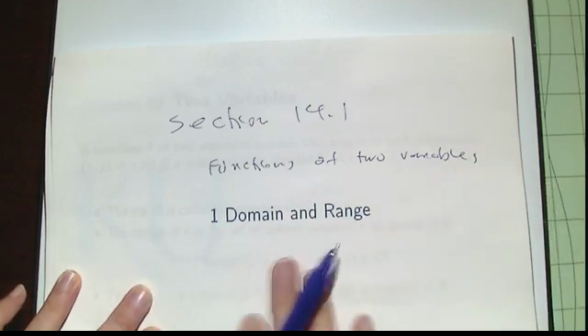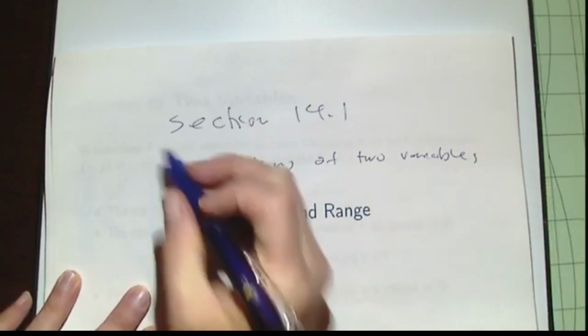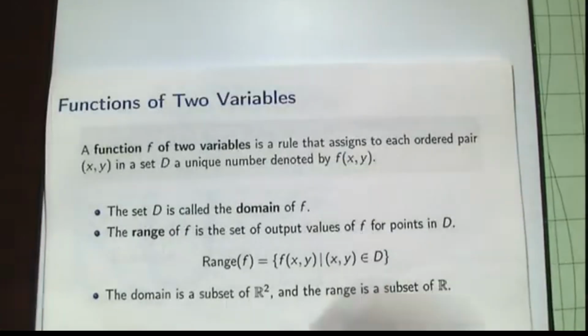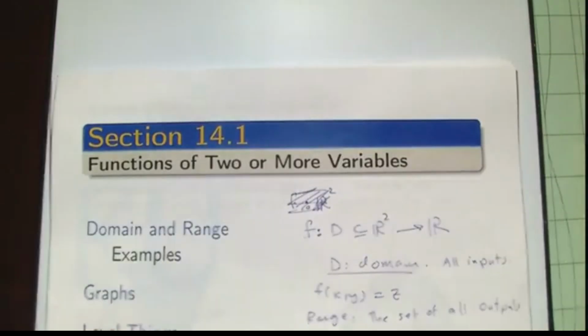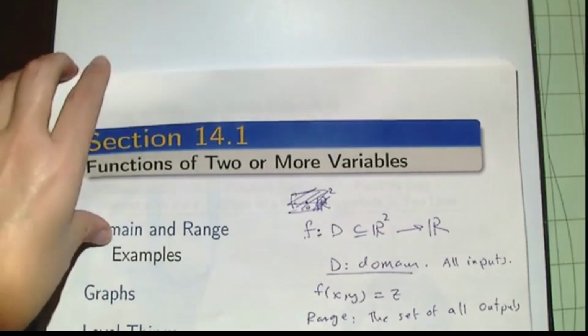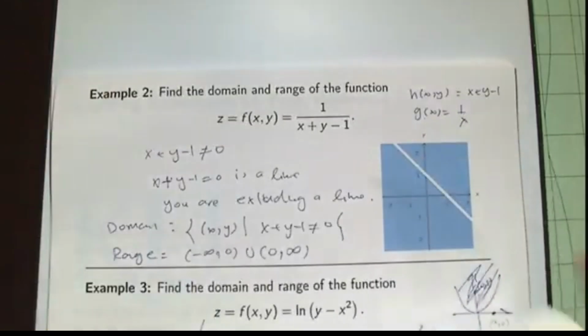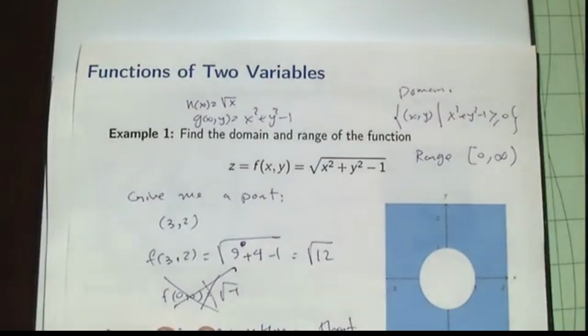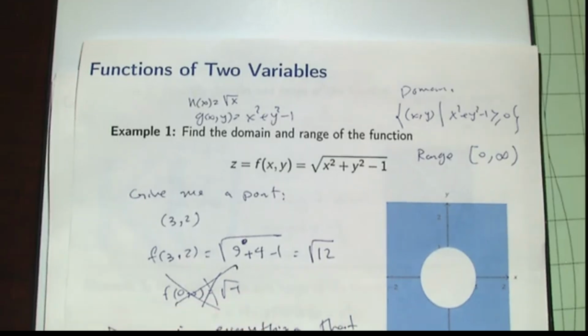And we talked about domain and range last time. Here are the examples that we did last time. We talked about domain and range, and we talked about these examples. I'm going to bring back these examples today, and I want to graph these three examples. That's why I still have them over here.